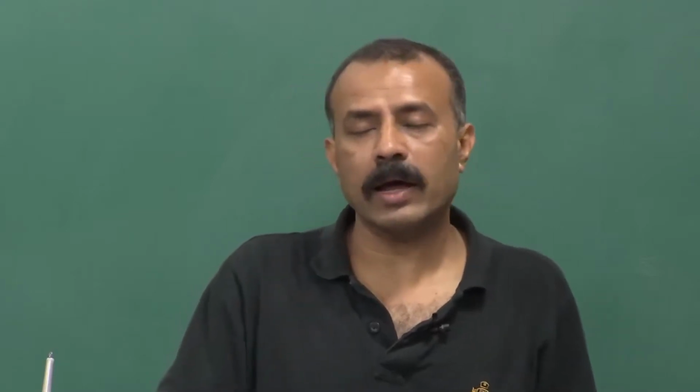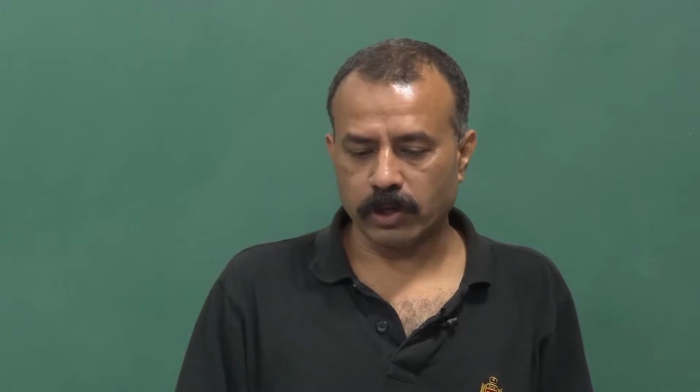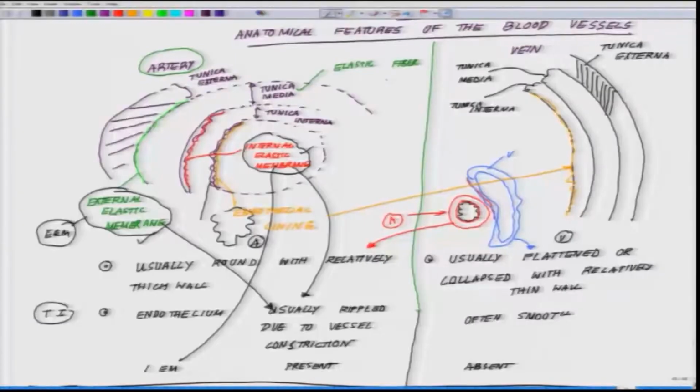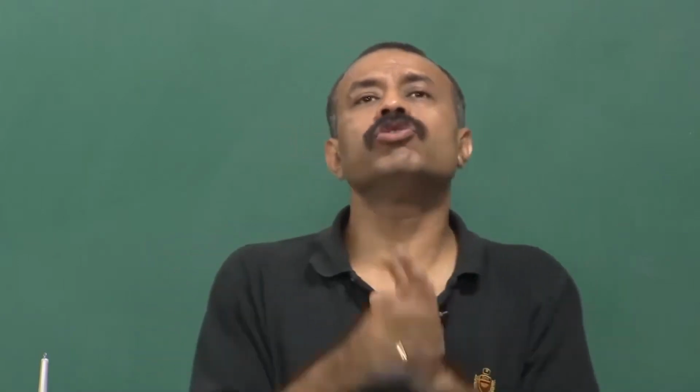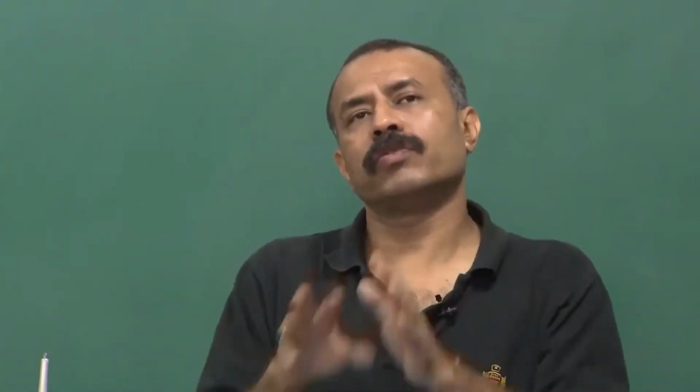So, if you look at the aorta, in the light of what I just taught you, all these layers, tunica interna, tunica media, tunica externa, and the external elastic membrane and internal elastic membrane, these will be really thicker and stronger, because the aorta has to withstand a huge amount of pressure, by virtue of which blood is being pumped from the heart.